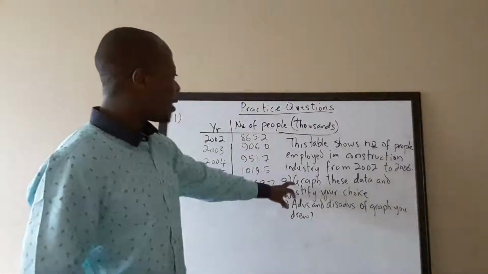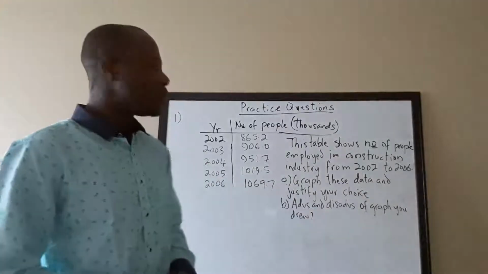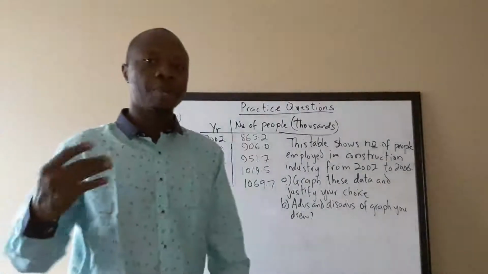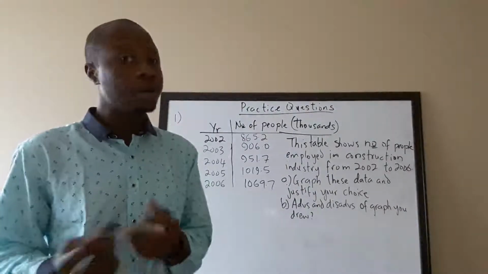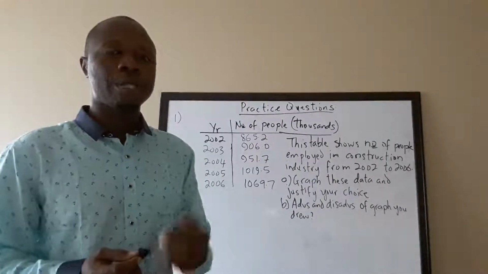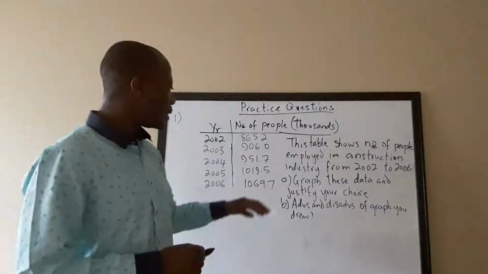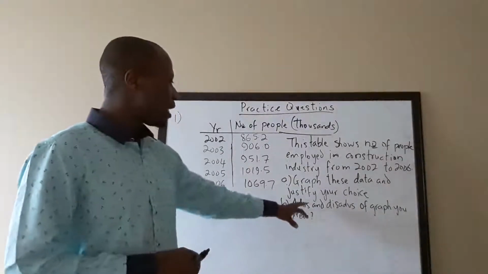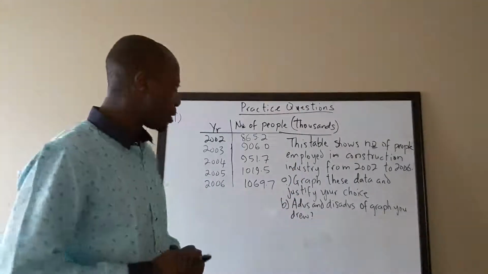So A, graph this data and justify your choice. So literally you have several options of the kind of graph you can make here. You need to justify the choice that you're making. And then secondly, please provide the advantages and the disadvantages of the graph that you drew.